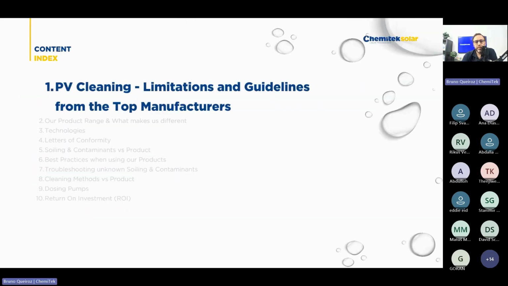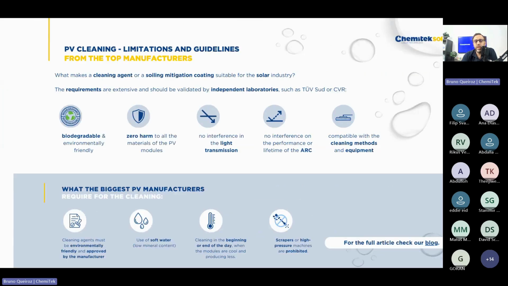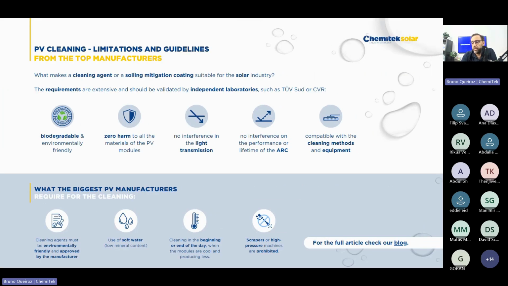So starting with the limitations and the guidelines from the manufacturers. First, in order for a product to be suitable for the solar industry, there are some requirements that are more or less common requirements by the manufacturers. One is being biodegradable and environmentally friendly.